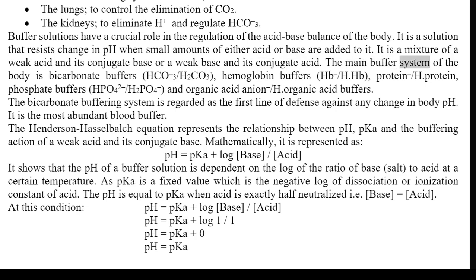The main buffer systems of the body are bicarbonate buffers, HCO3/H2CO3, hemoglobin buffers, Hb/H.Hb, protein/H.protein, phosphate buffers, HPO42-/H2PO4-, and organic acid anion/H.organic acid buffers. The bicarbonate buffering system is regarded as the first line of defense against any change in body pH. It is the most abundant blood buffer.